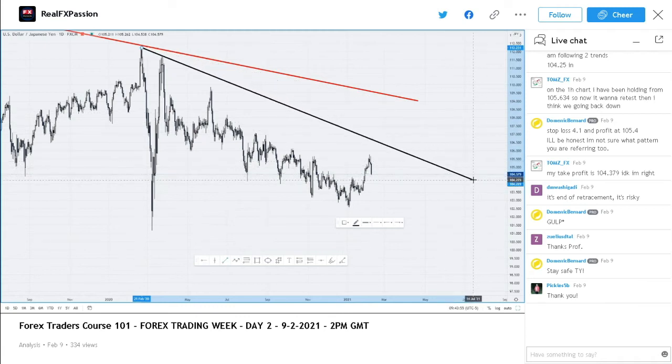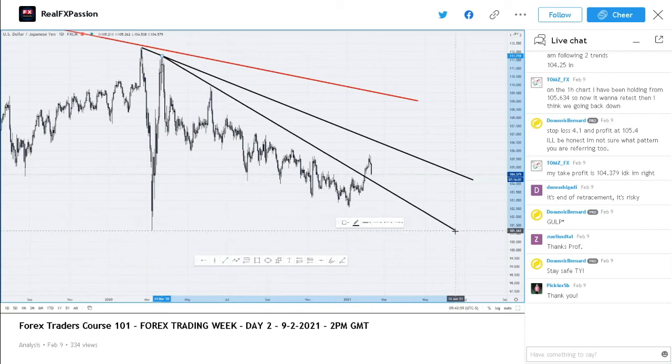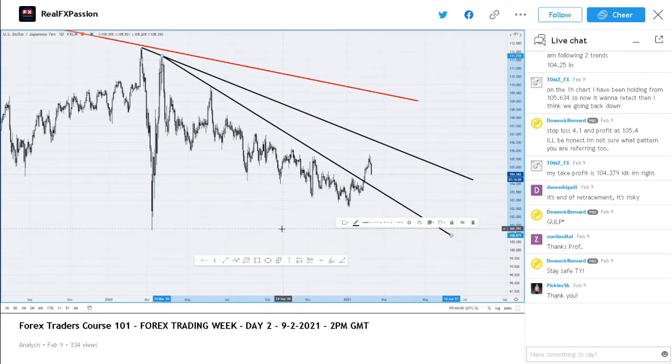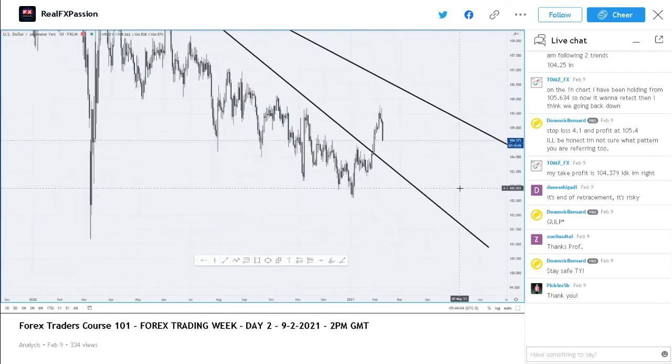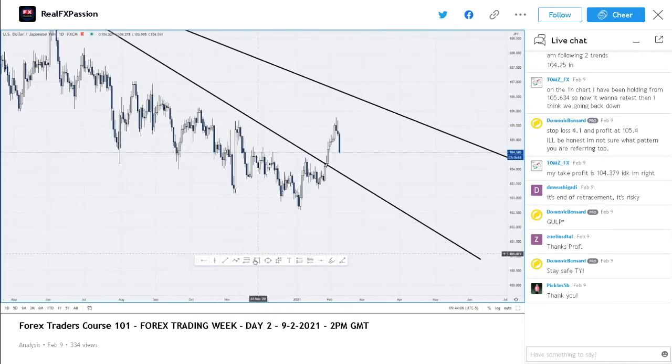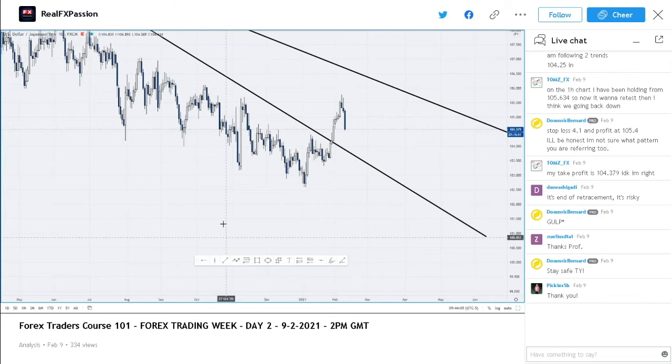This would be 1. This would be 2, right? So from the daily standpoint, everybody, what do you see? Beginner traders, what do you see? Do you see the market making lower lows, lower highs, lower lows, lower highs? Or do you see it making higher highs, higher lows, higher highs, higher lows?